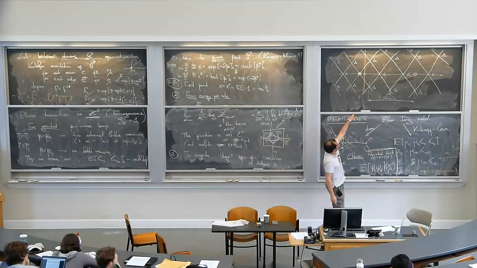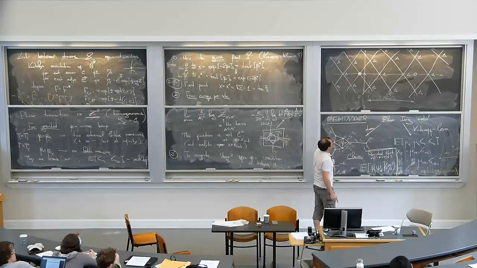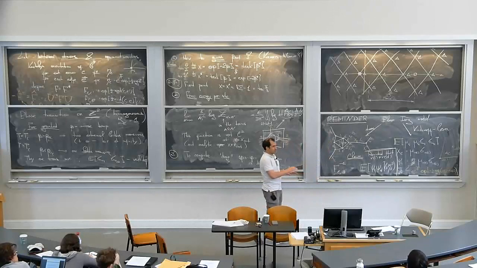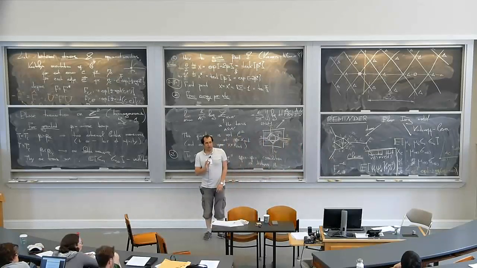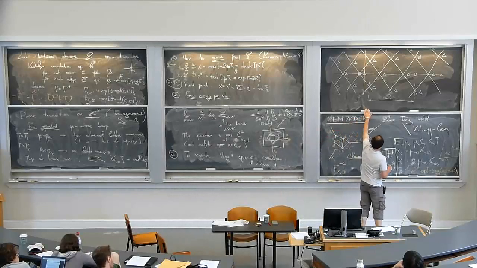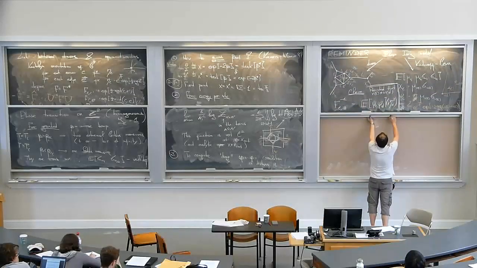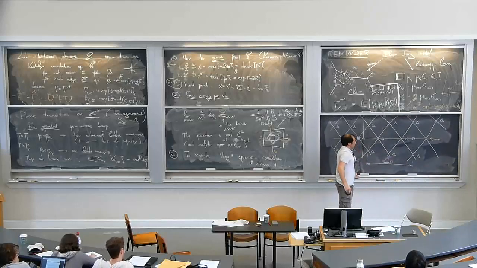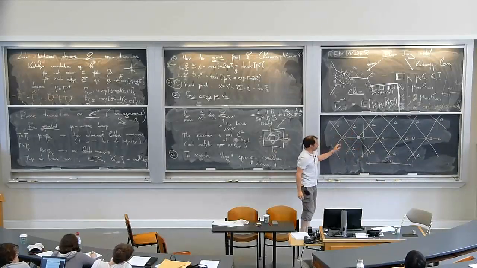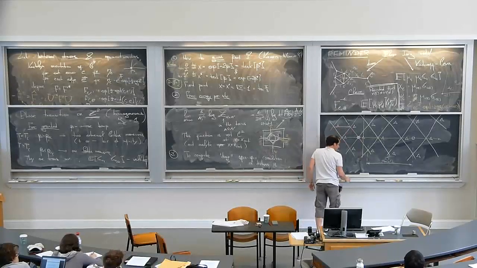So n is just the number of, okay. Well, let me say what the notation is explicitly. So here, I assume that the picture is drawn so that this diagonal is of length 2.